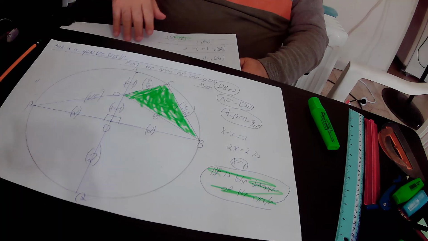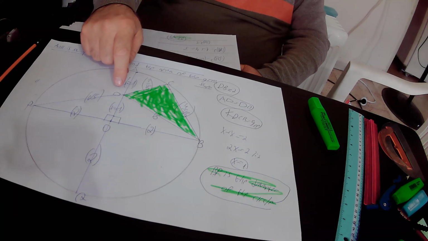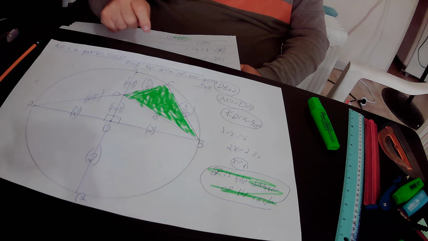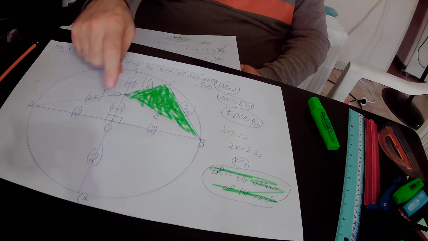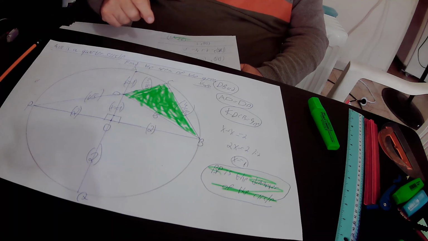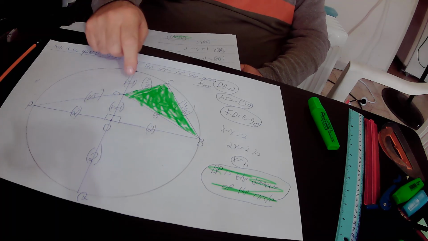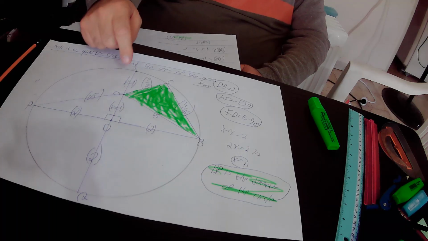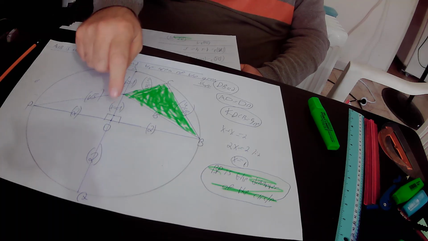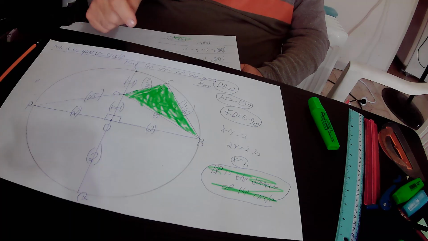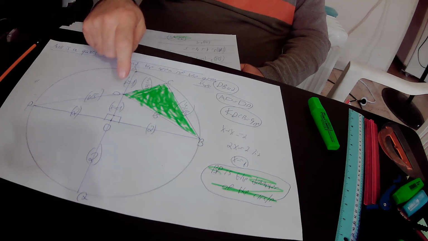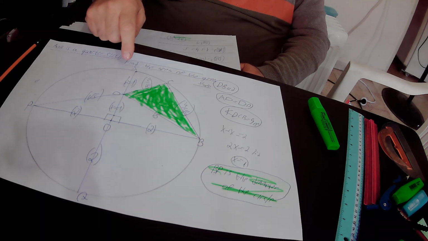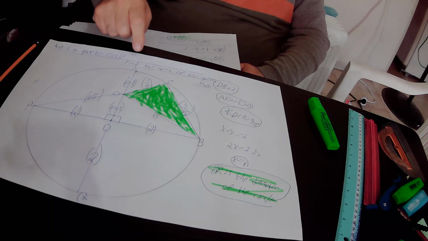It is given in the question that line segment AD equals line segment DO. So if we define the length of AD as x, then DO must also equal x because they are equal to each other. AD plus DO equals AO, and AO is 2.